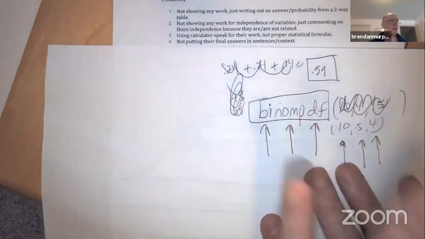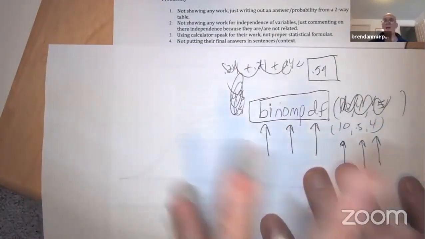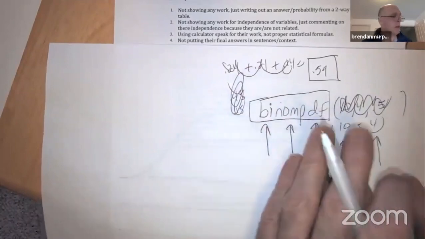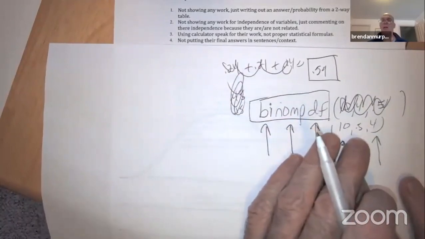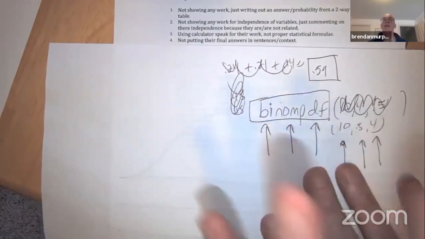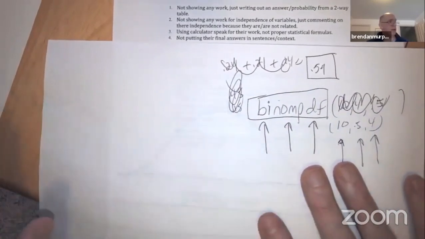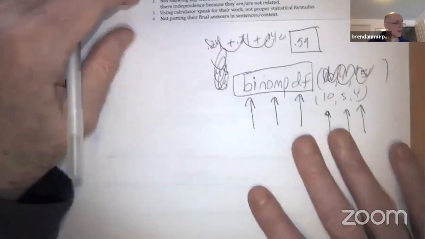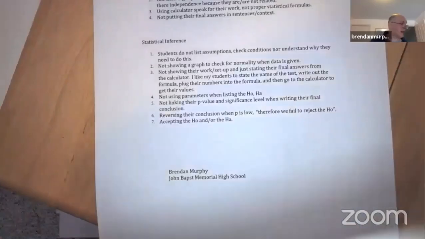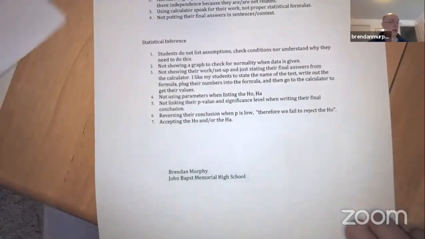Always, always, always make it contextual, make it specific to the problem that we're talking about. Don't have these generic answers. I use those a little bit when I do inference, but I also try at the very end to tie it all in contextually.